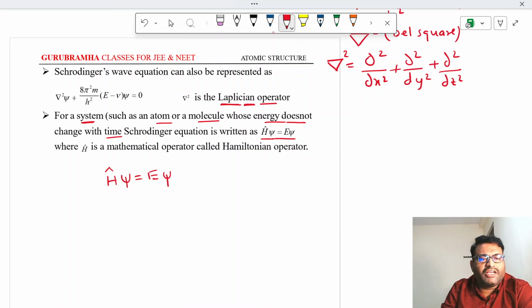Here H cap is a mathematical operator, also called the Hamiltonian operator. So in three ways we can represent the Schrodinger wave equation.